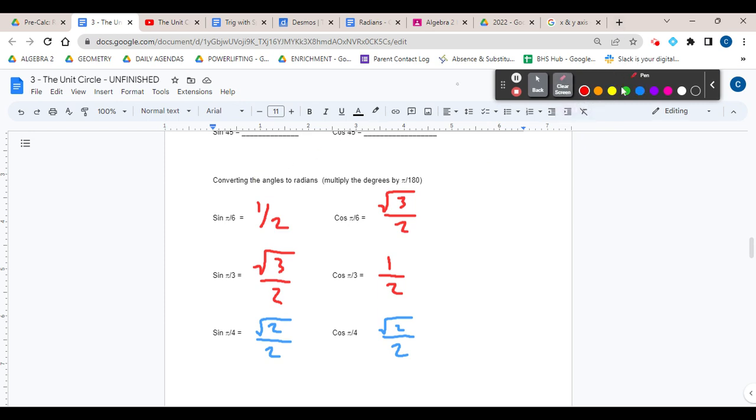Again, this was all done in the second note sheet, which was the trig and right triangles. So if you need a look at how we got these, please go back to the second note sheet and look at that.